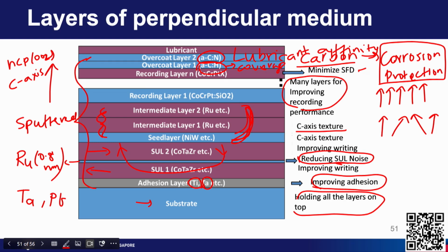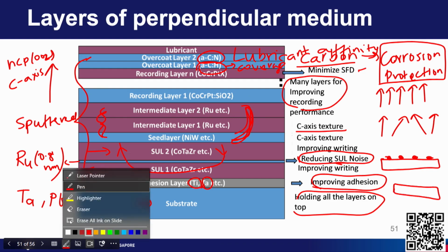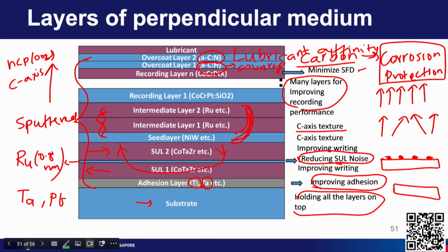Otherwise, what will happen if you have a disc? There will be some regions where the lubricant will stick very well, and some regions where the lubricant may not stick very well. You want the lubricant to stick very well, not in patches like this, but uniformly spread. Then we have to grow this nitrated carbon.